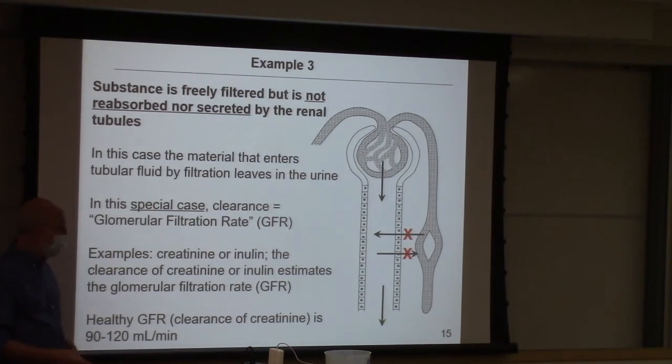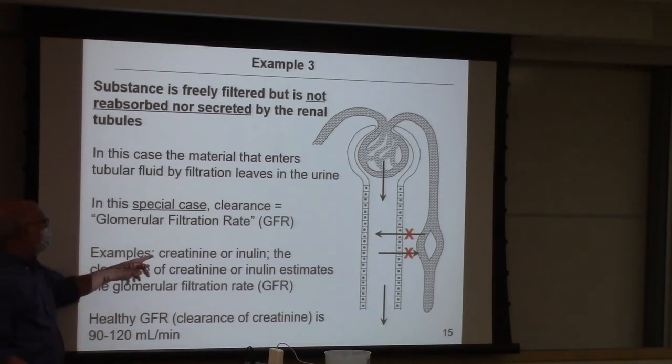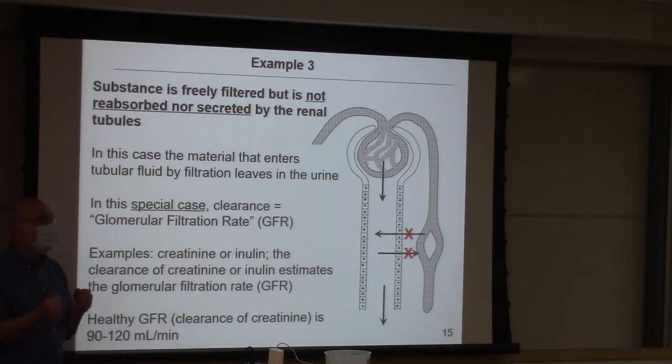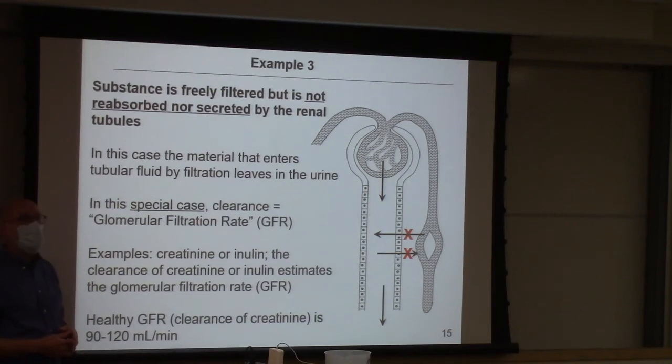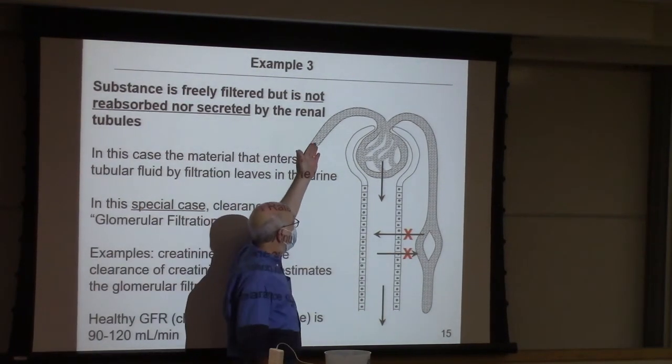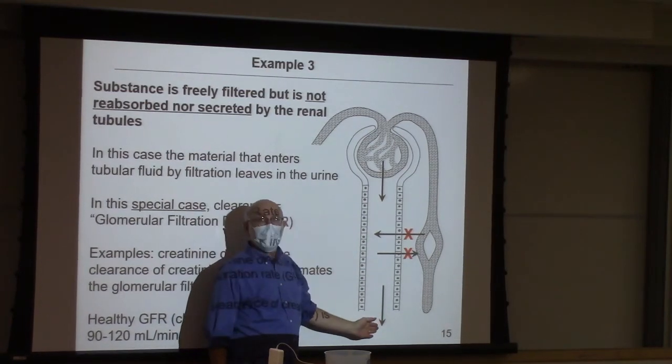What we do is we measure the clearance of a byproduct of metabolism called creatinine. Muscle movement generates creatinine. We have creatinine in the blood. We have creatinine in the urine.